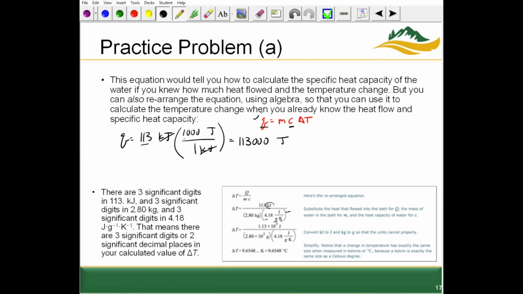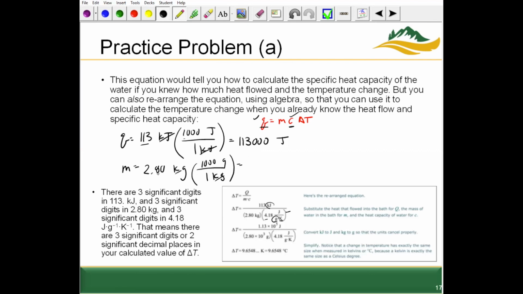The specific heat capacity, again, is joules per gram Kelvin or joules per gram degrees C. So we need our mass term to be in grams. It was given to us as 2.80 kilograms, and for every 1,000 grams in 1 kilogram, kilograms and kilograms cancel out.